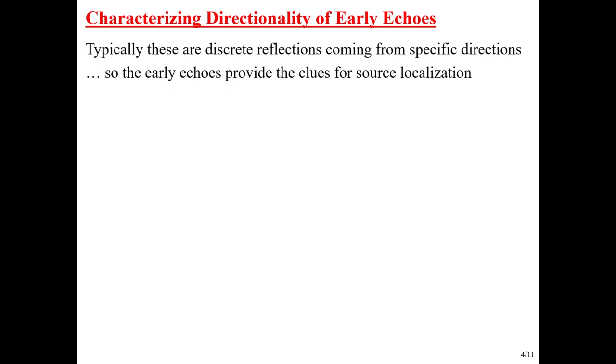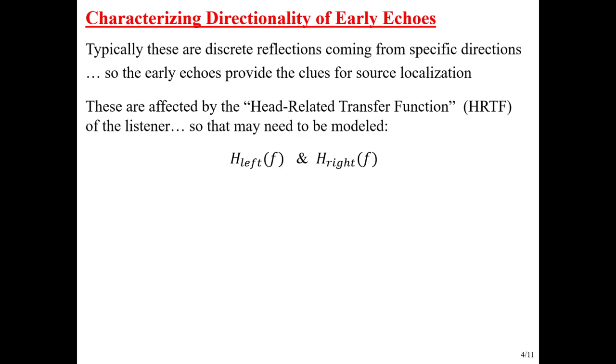I said that those early echoes also have directionality in them, and that's because they're very distinct, discrete reflections coming from very specific directions. So all the clues to source localization come from these early echoes. So we might want to include something called the head-related transfer function, or HRTF.